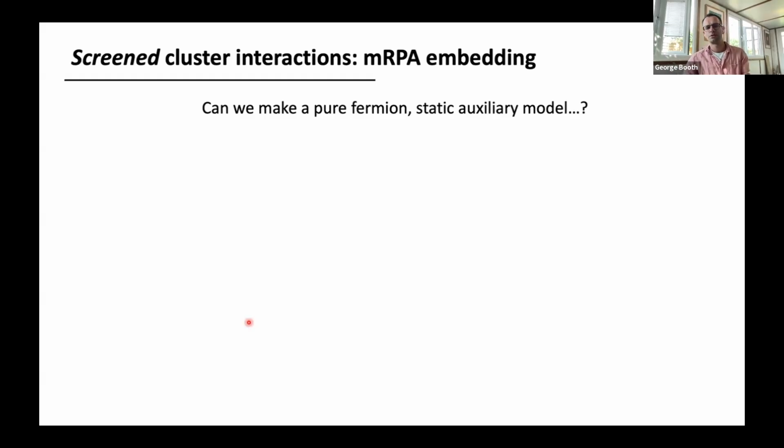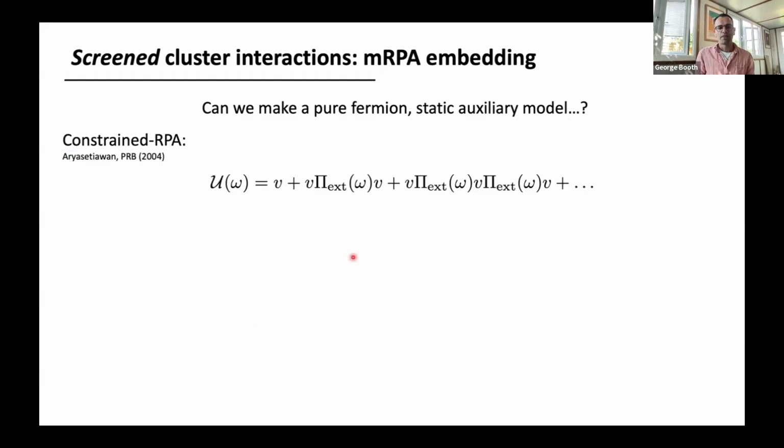So how can you do this? And this is also related to the question of what's the right effective static interaction in a general quantum embedding method. One of the most widely used methods, but not by any means the only one, is to think about using constrained RPA, right?